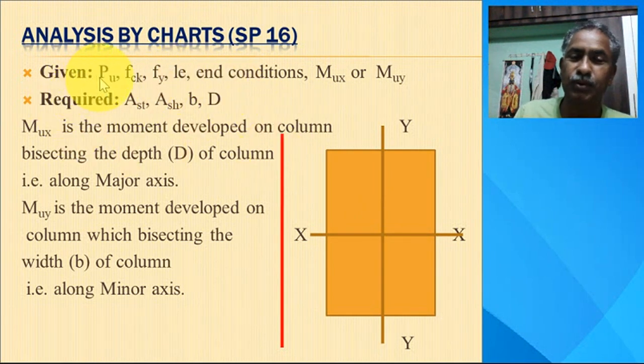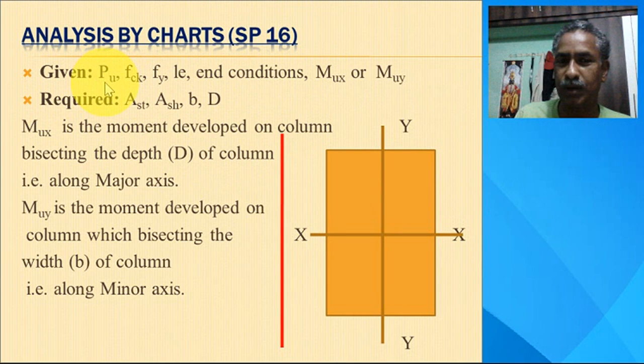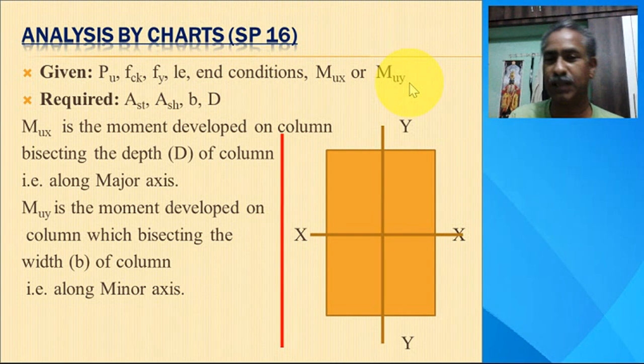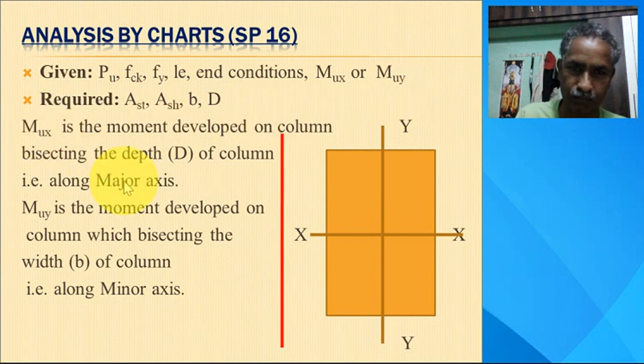In this case we should know the load on the column, grade of concrete, grade of steel, effective length of the column or unsupported length, and the end moment, either MUX or MUY. Moment along the X direction, that is the major axis, or moment along the Y direction, that is the minor axis.